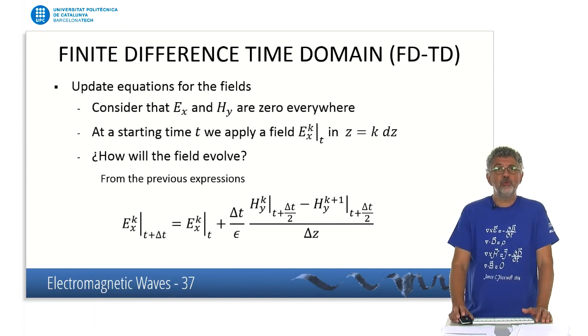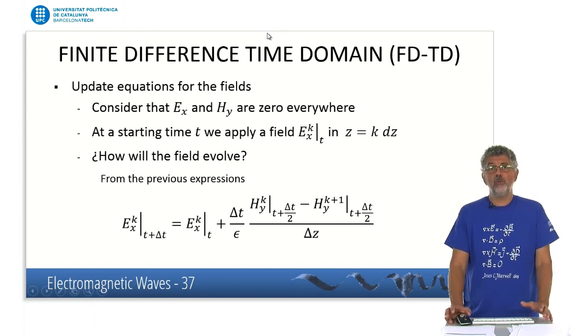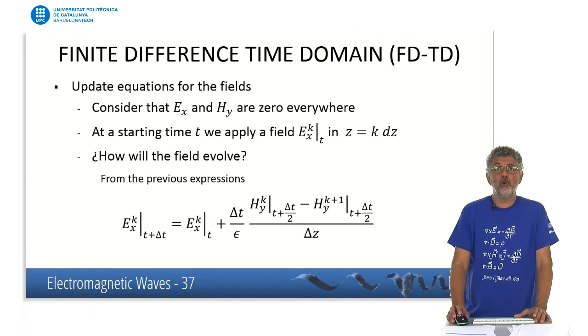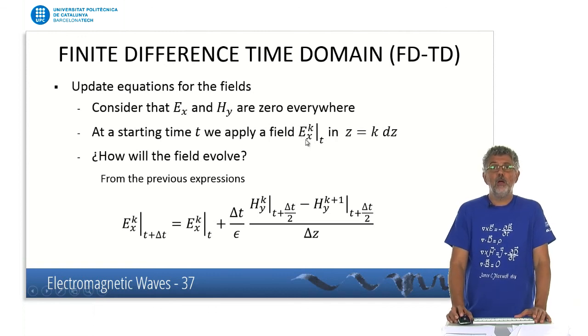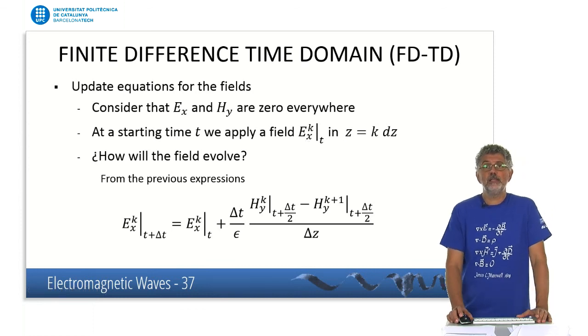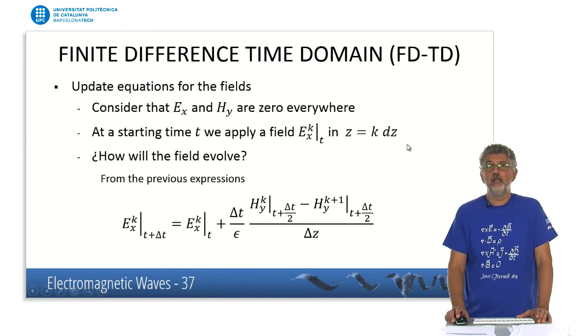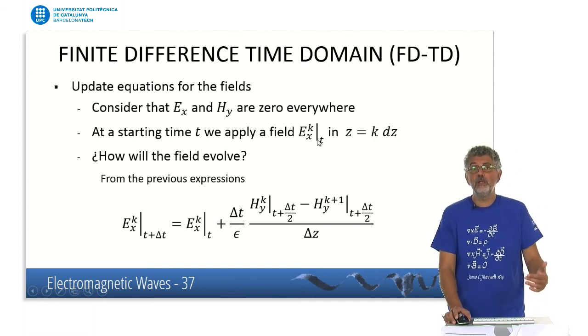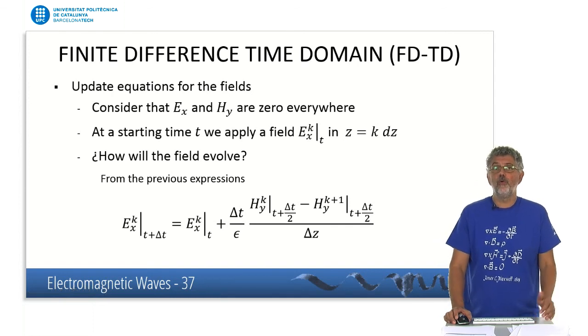So what we'll do is, first, we consider that the field is 0, that's our starting point, and we'll consider a certain excitation. That means that in a certain position z, we will be forcing a certain value of the field. And the question is, how will the fields evolve from now on?